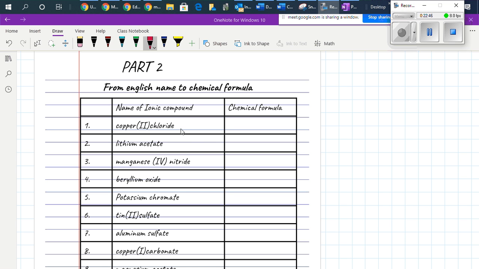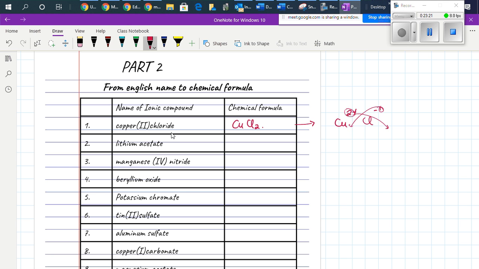Another important skill for you to know in terms of the review of Science 10 is when we have the name and we want to write the formula. So in this case, we have copper, and it's copper 2, so Cu2 plus, and we have chlorine. Chlorine is 1 minus, so we switch the places and the chemical formula will be CuCl2.